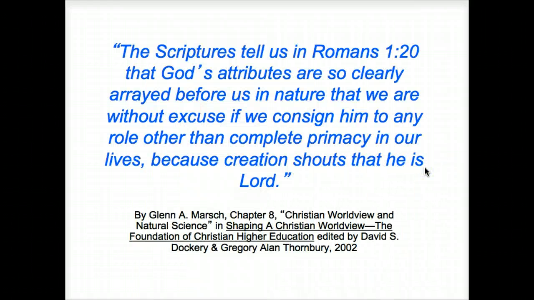Scriptures tell us in Romans 1:20 that God's attributes are so clearly arrayed before us in nature that we are without excuse if we consign him to any role other than complete primacy in our lives, because creation shouts that he is Lord.